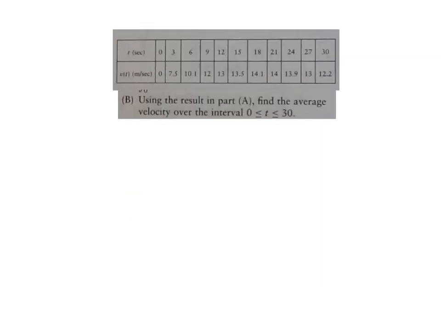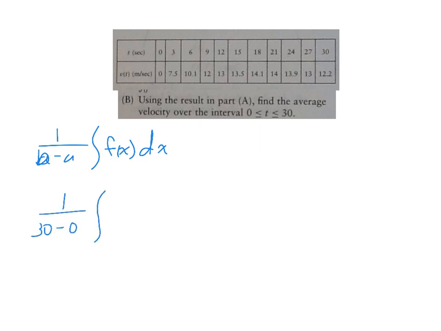All right, in the next section, we're going to use that result from part A and find the average velocity. Well, just calculus-wise, remember our average is 1 over b minus a of our integral. That was our average of a function. So we're going to get 1 over 30 minus 0 of our integral 0 to 30 V(t) dt.